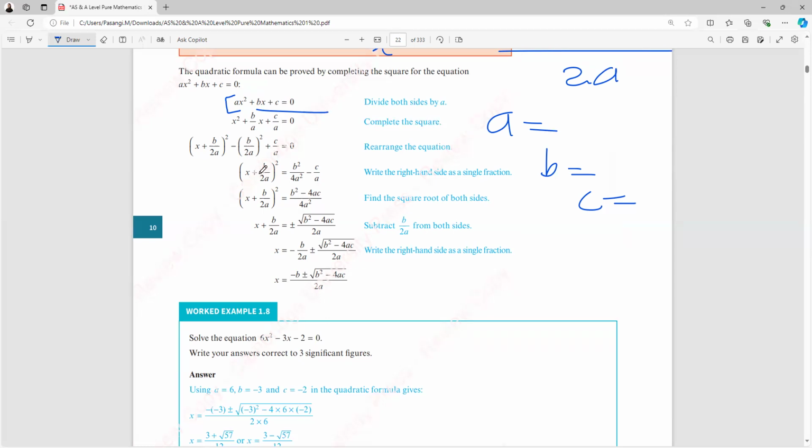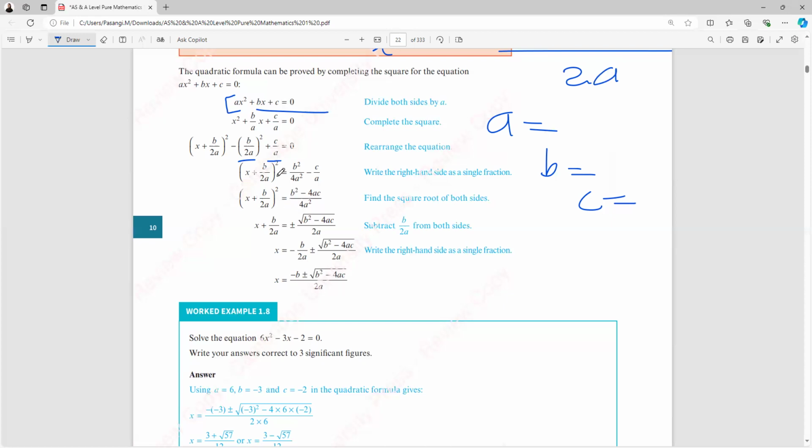Then the left hand side has the complete square, and the right hand side has the leftovers. When we add the additional term, b squared over 4a squared, we subtract that one. So that part and the c over a part come to the right hand side. Then the c over a becomes negative, and this minus term becomes plus. That's what we have.